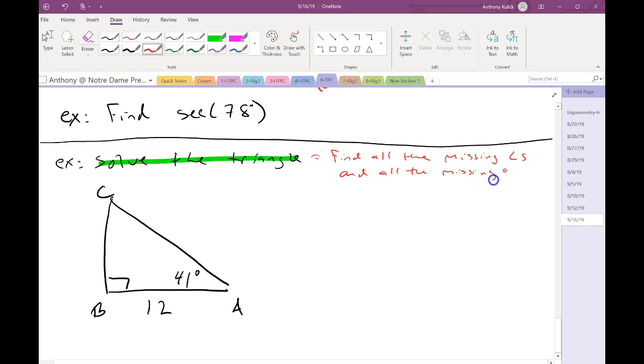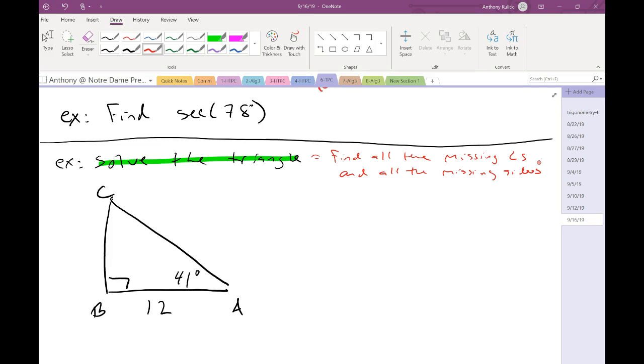It's asking us to find all the missing angles and all the missing sides. When you say solve the triangle, we want to find all the rest of the information about that triangle. Is everybody okay with that direction?